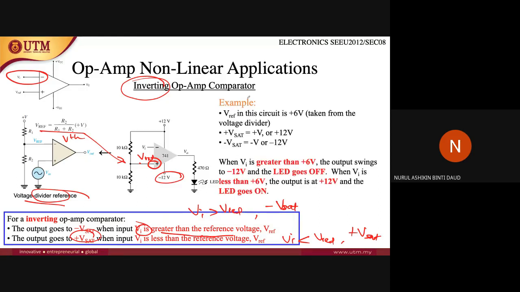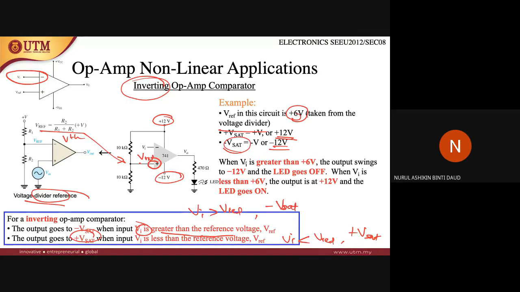Okay, so V reference in this circuit is positive 6, taken from the voltage divider. So the positive saturation will be positive V or positive 12, depending on the voltage DC supply here. The minus V saturation will be minus V or minus 12.